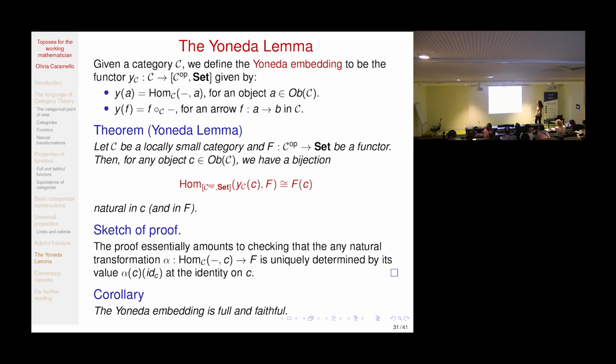Now we come to an extremely important result in category theory, not technically difficult at all, but of great conceptual and technical importance, the Yoneda lemma. The Yoneda lemma is a result that describes a certain set of natural transformations.